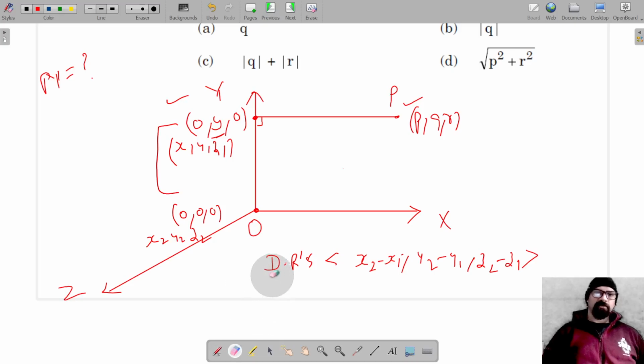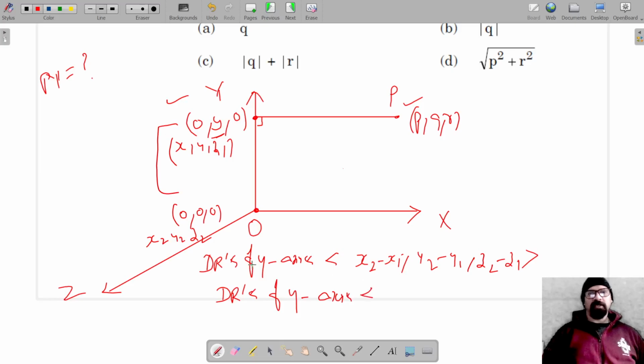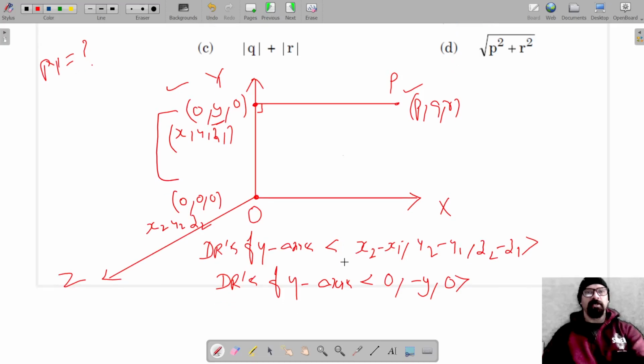So we have the direction ratios of the y-axis as x2 minus x1, this is 0, y2 minus y1, which is negative y, and 0 minus 0 is 0. So these are the direction ratios of the y-axis.